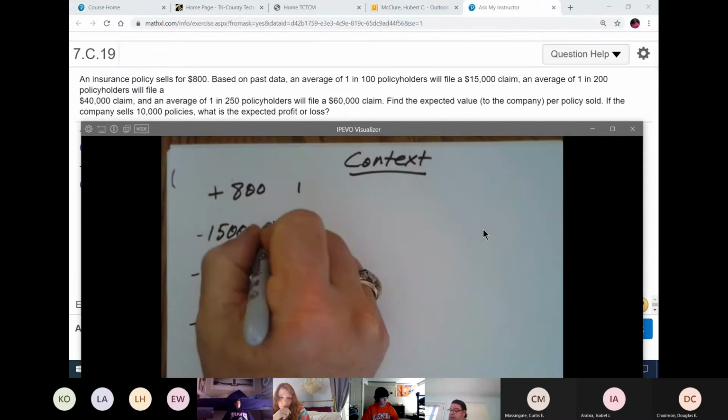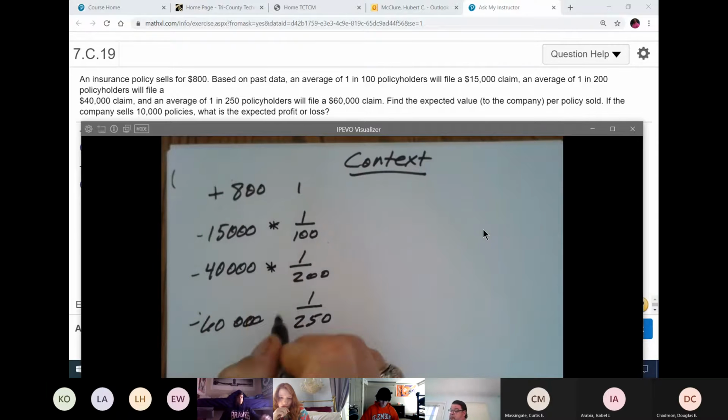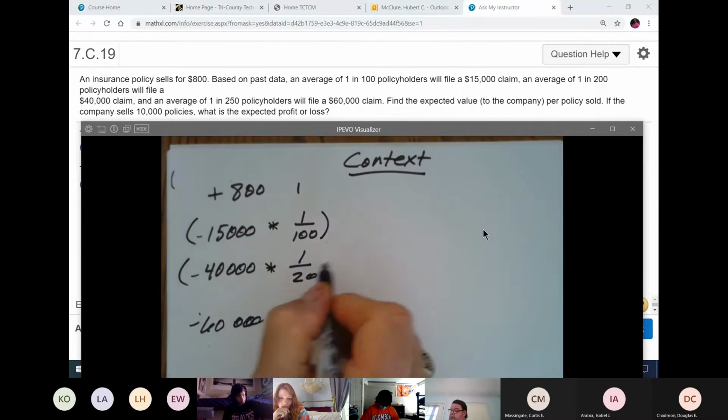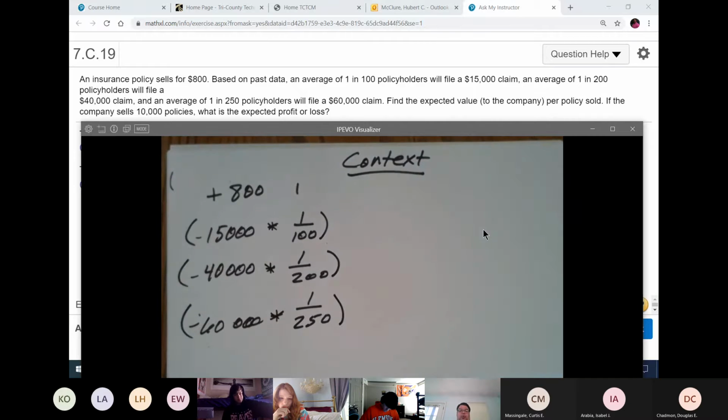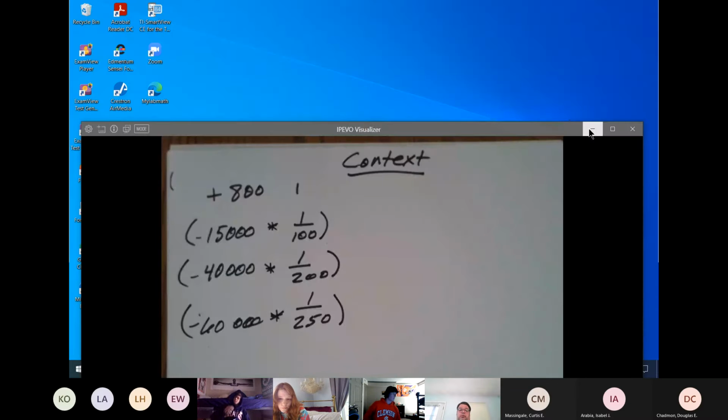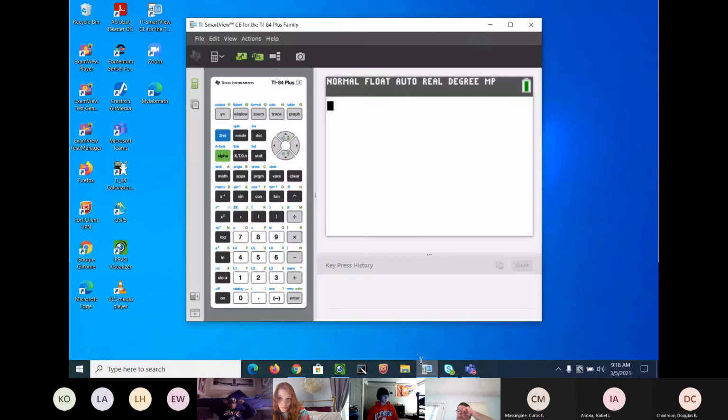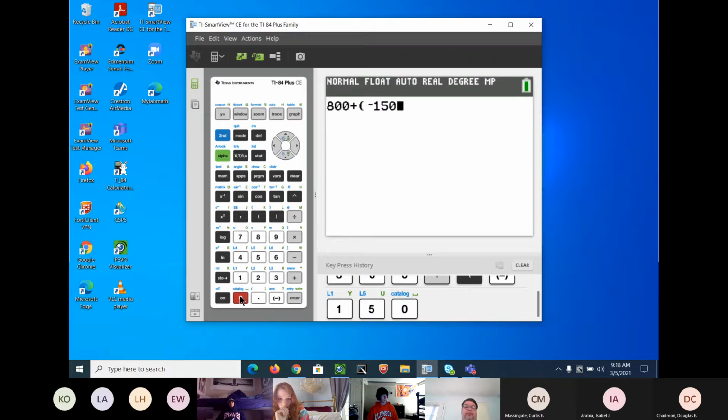And now you just do the math. So I'm going to do the math. And I'm going to get out my handy dandy calculator. 800 plus parentheses negative 15,000 times 1 over 100 is 0.01, right?